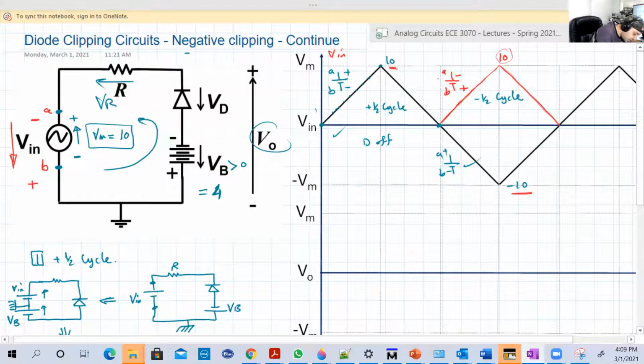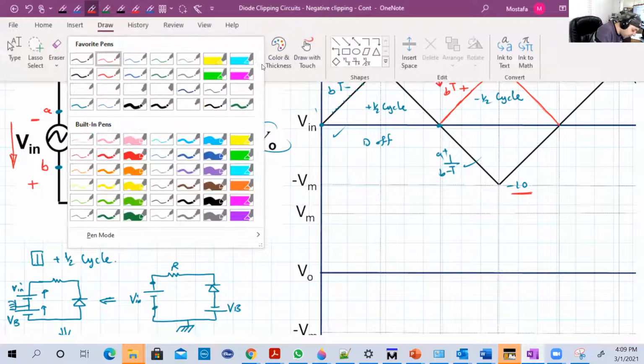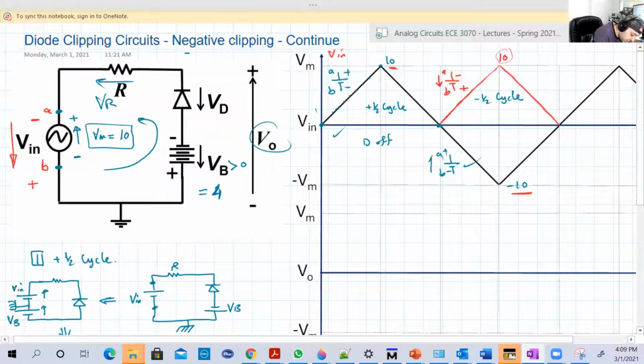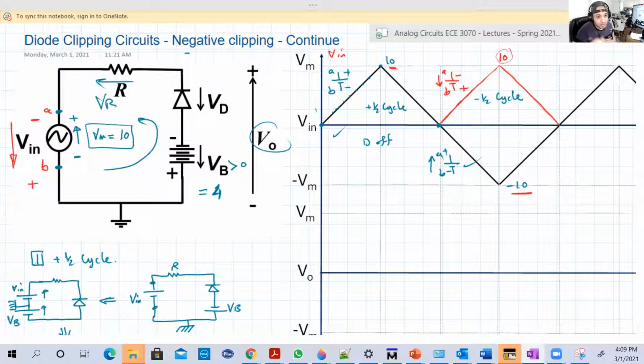Here, the direction is in that way. If you consider the other one, you consider the voltage in that way. Basically, you either flip the voltage sign or flip the voltage direction, the arrow or the value. You go with either this or this.